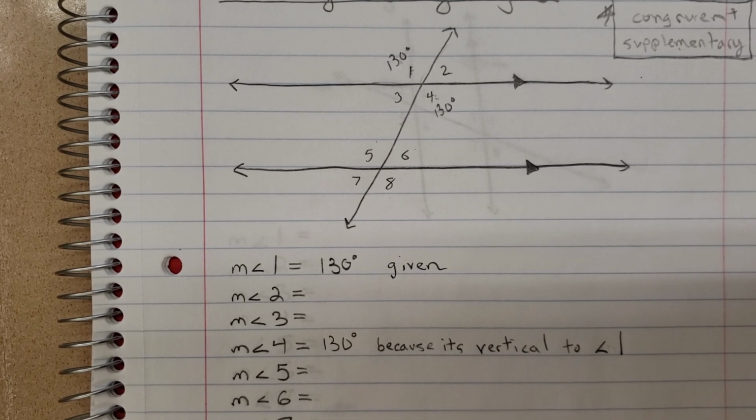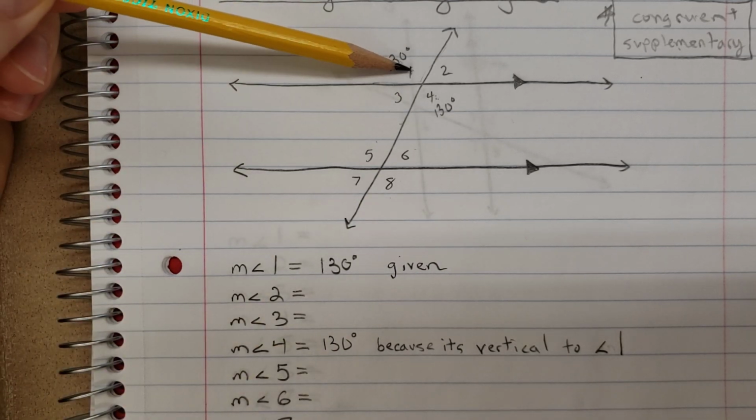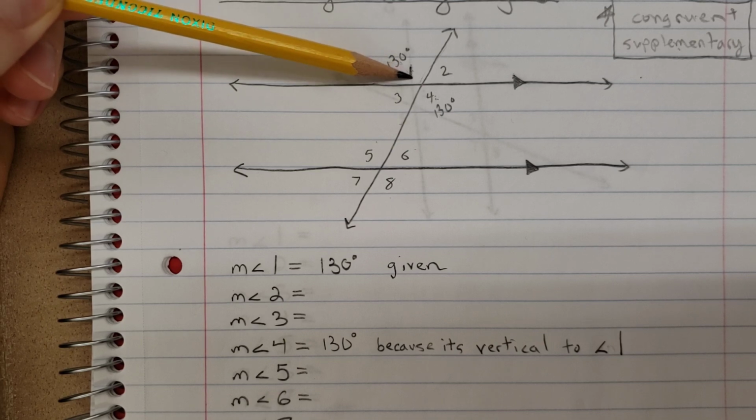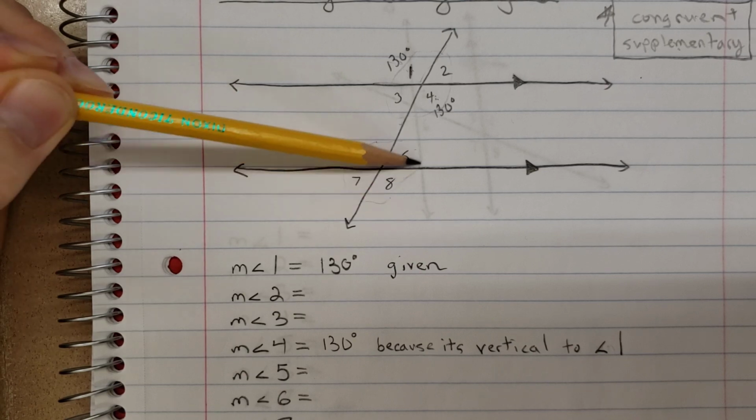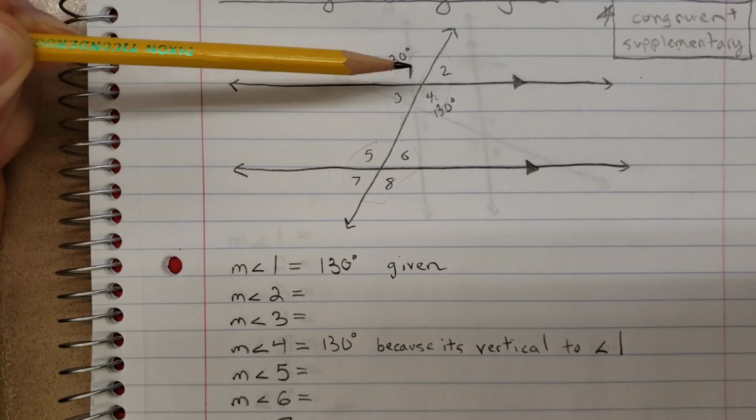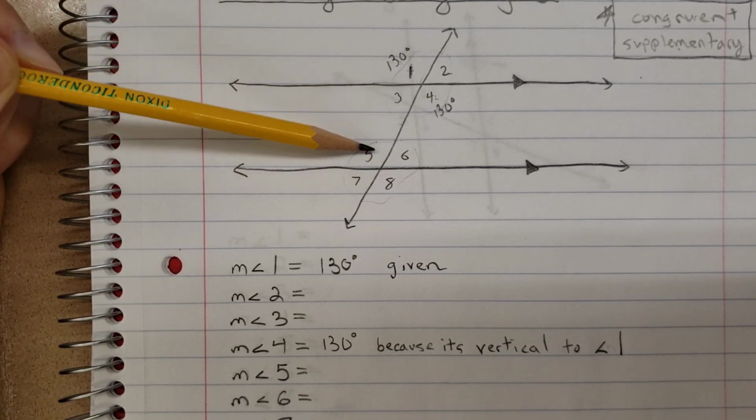Now, what else can we get? There's so many different ways we can go with this. I'm going to look for corresponding angles now. Angle 1, 130, what does that correspond with? Remember, corresponding means, remember we did kind of like the pie and the same piece in each of the pies?